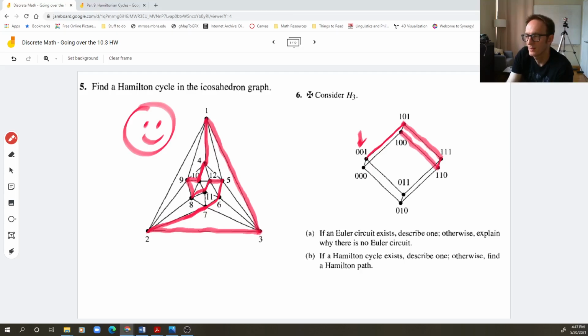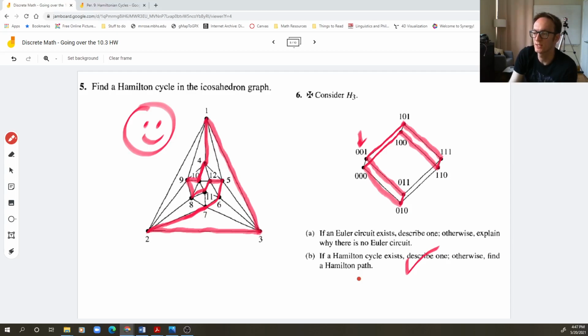This is really easy. Ta-da. Just go along the cube, visiting every vertex of the cube exactly once. You just trace around the cube. So that's pretty easy.